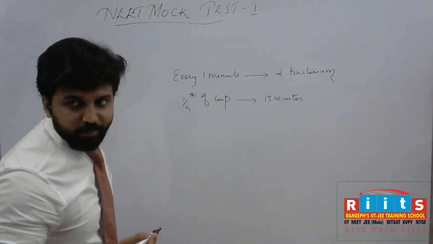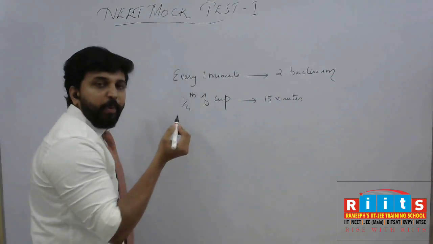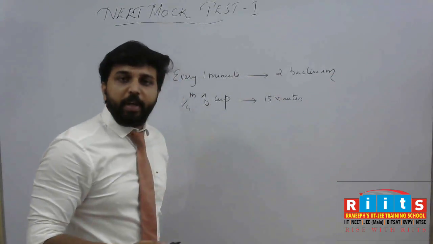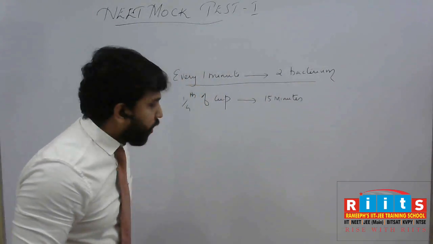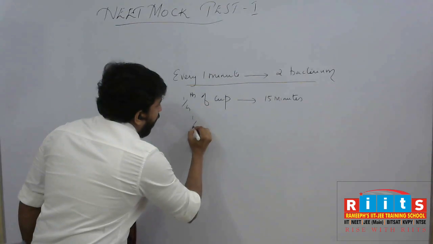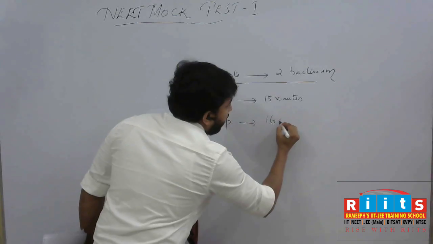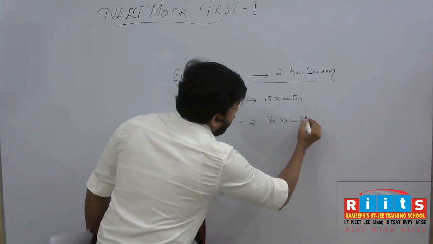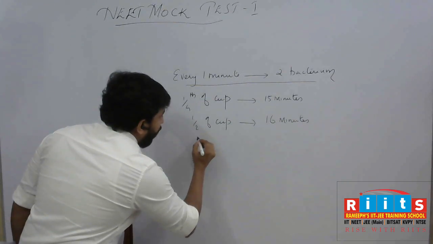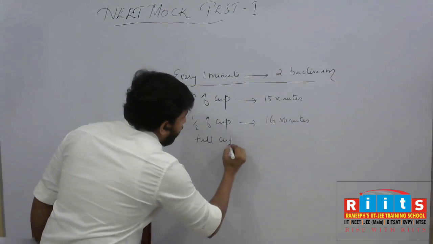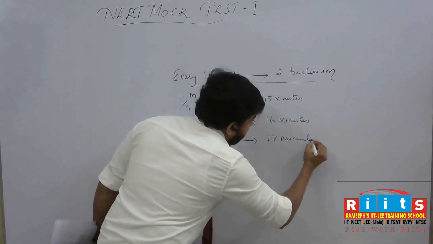So it's a simple logic. 1/4 of the cup, that is 25% of the cup, is filled within 15 minutes. We already know that every 1 minute the bacteria divides into 2. Clear? So half of the cup is filled within 16 minutes. And again, the full cup is filled in 17 minutes.